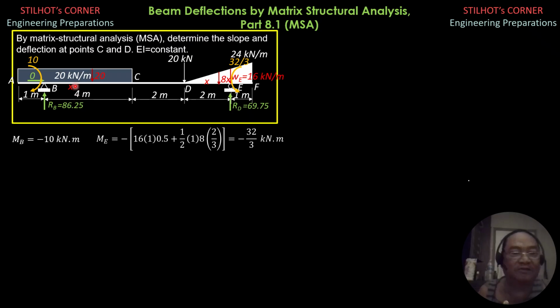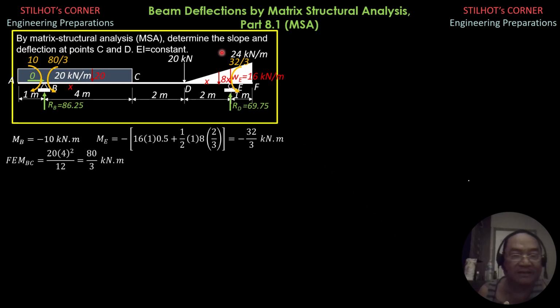It's easy as long as we can compute the fixed moments at B and at E by considering span BE. So fixed moment BC is 20 times 4 squared over 12, just portion BC. So it is 80 over 3 as shown. That's counterclockwise.